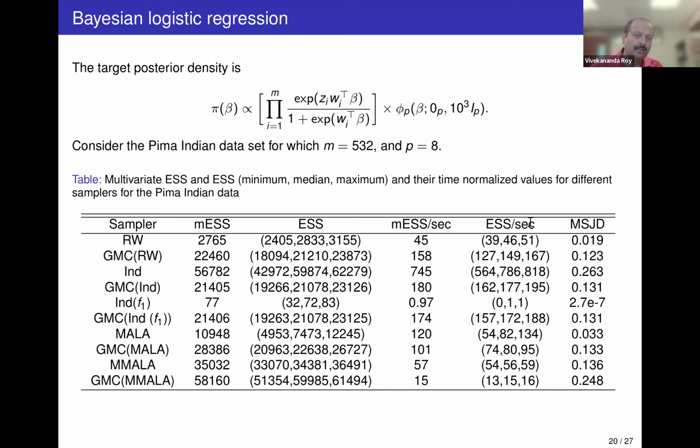But on the other hand, if I change the proposal density of the independent Metropolis, the performance suffers severely. On the other hand, the geometric version of it, even with a bad independent proposal, is not that much affected. It's not affected at all.